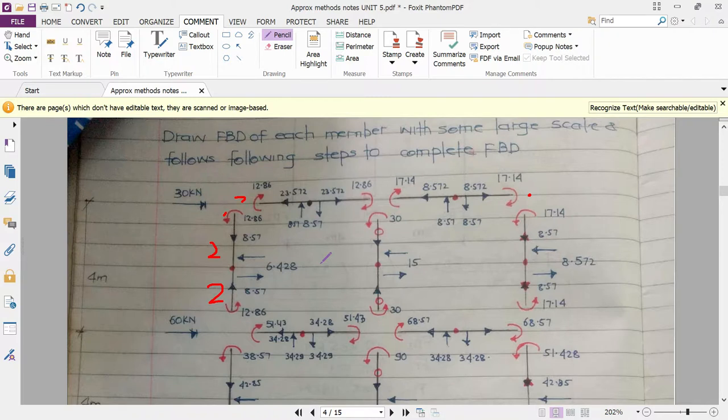Okay, so now 30 kilonewton force is acting in horizontal direction. Okay, minus 6.48, so it will be equal to 30, the summation of the forces must be taken into consideration.